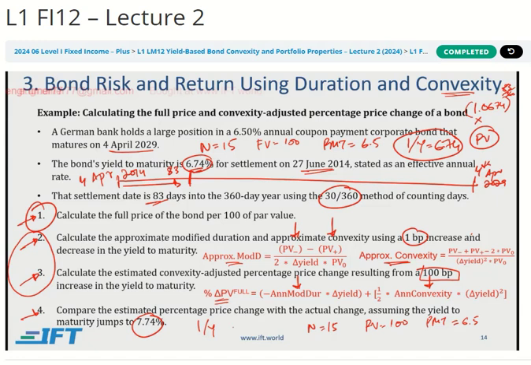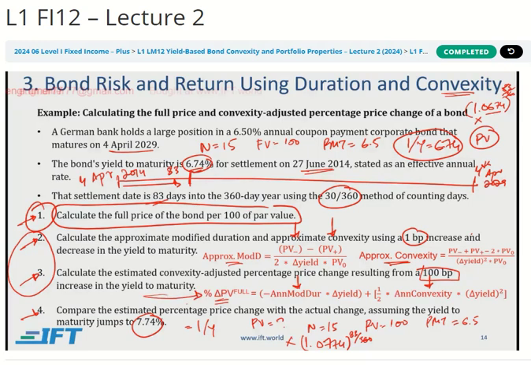And then calculate your PV and then again load it up with interest by multiplying it with 1.0774 this time instead of 1.0674, and that of course will be to the power of 83 over 360, and calculate the new price and then compare that new price to the price that you got in the first part and see what was the percentage change, and compare that percentage change to what you have estimated based on this formula.